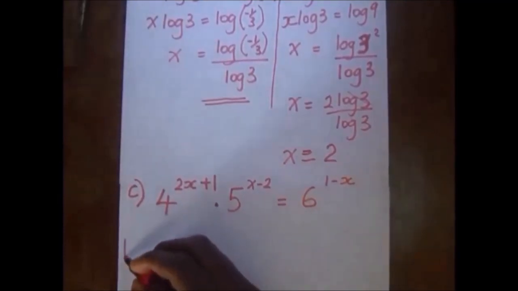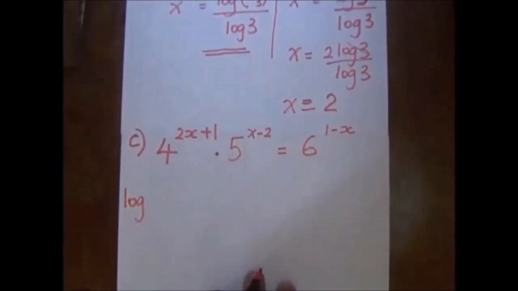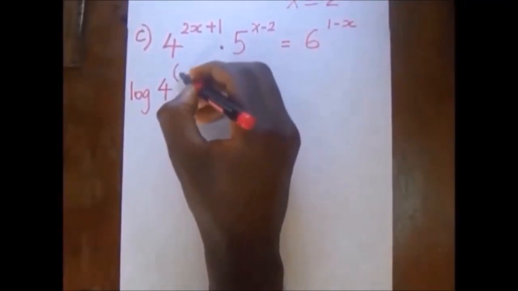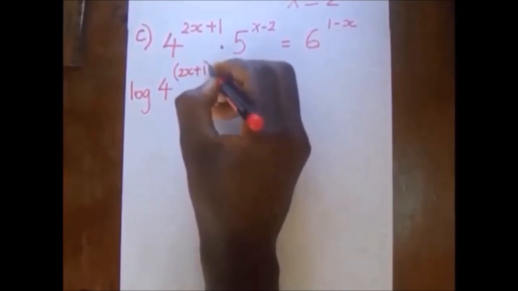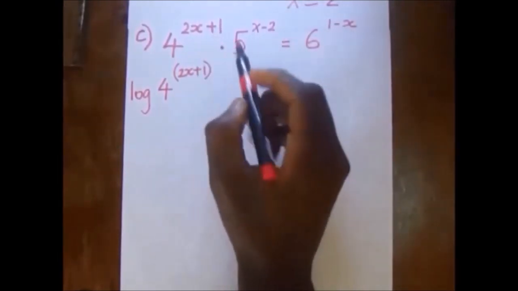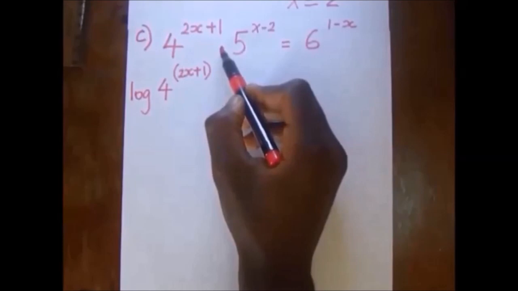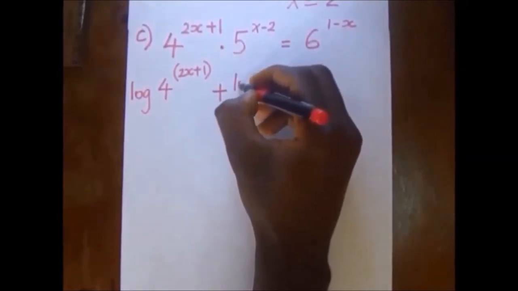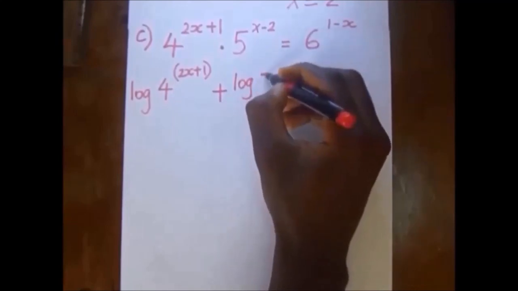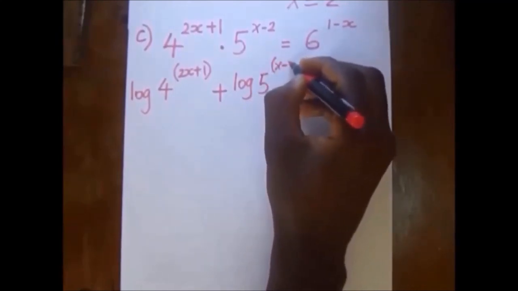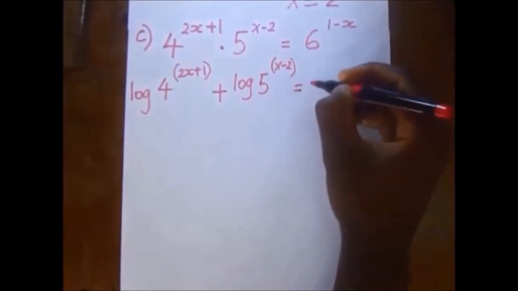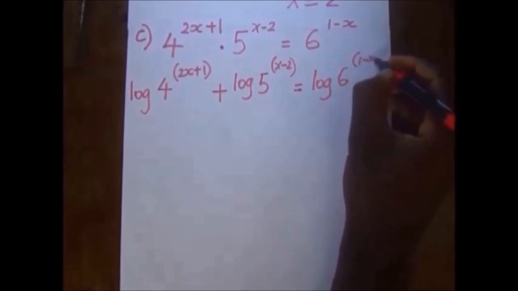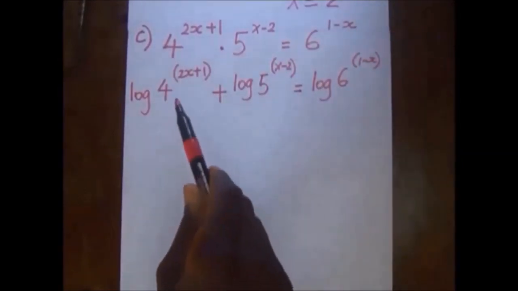So this is going to become the log of 4 to the power 2x plus 1. Since it is multiplication here, it means it's going to become plus the log of 5 to the power x minus 2 is going to give us the log of 6 to the power 1 minus x.